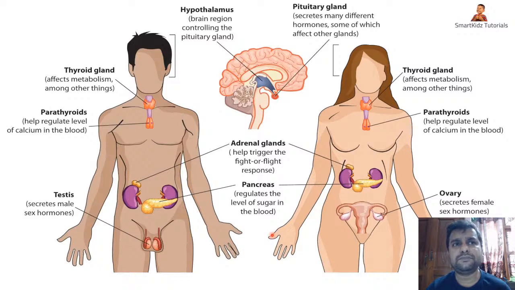Much of it owes to our lifestyle, what we consume, how much we consume, and whether we also take a lot of stress. By the way, the adrenal gland also secretes something called the stress hormone. That's why we have this fight or flight response. So this pancreas is supposed to regulate the level of sugar in the blood. When it's functioning properly, it secretes the hormone insulin.